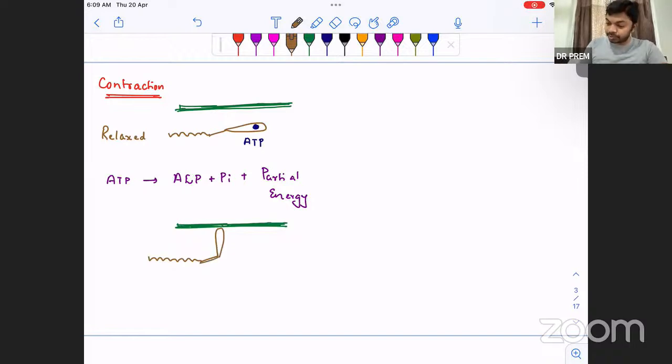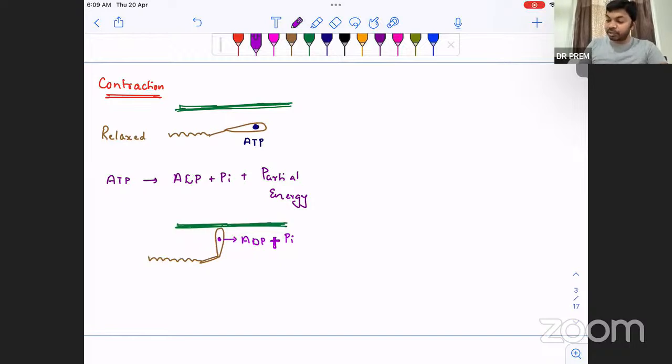At this position, the head of myosin is attached with adenosine diphosphate plus the molecule of phosphate. Because the phosphate is still attached with the myosin head, the available energy is not complete, rather it is partial energy. Now, when and how is contraction going to take place?